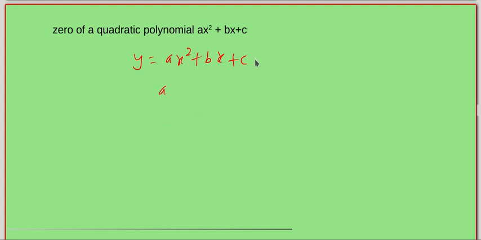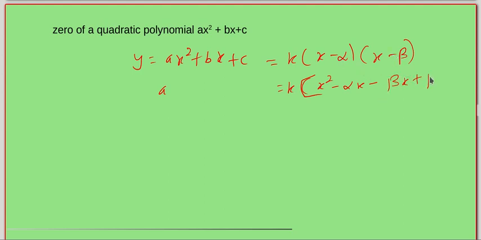For ax square plus bx plus c, we can rewrite it as k into x minus alpha into x minus beta. Let me multiply: k into, if you multiply these two brackets, what will happen? x square minus alpha x minus beta x plus alpha beta. Here both have x coefficient, so minus we can take outside: alpha plus beta into x plus alpha beta.